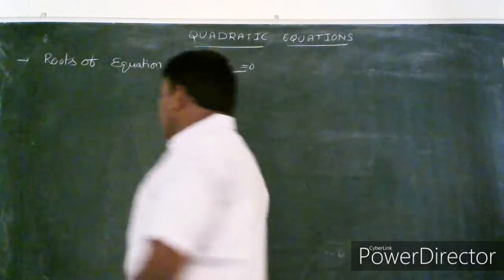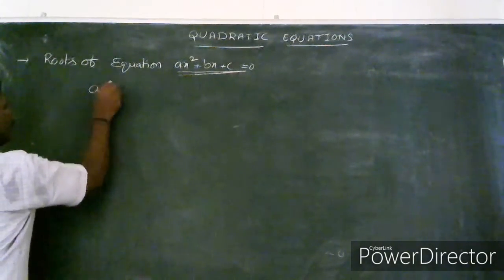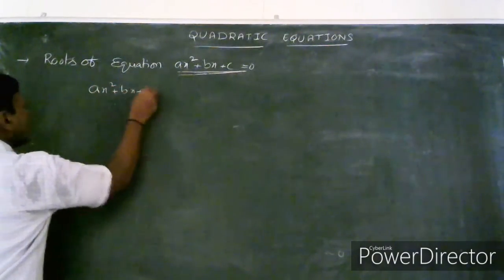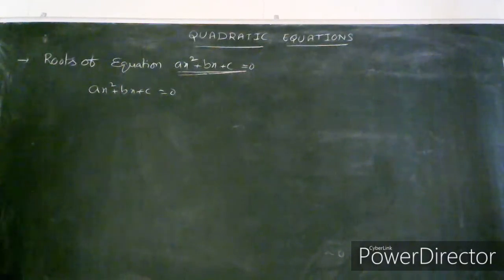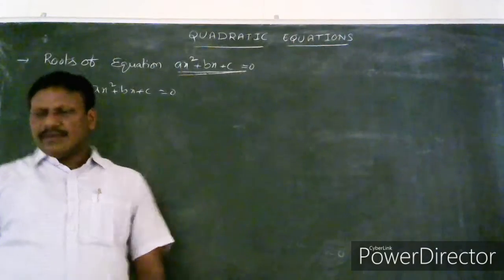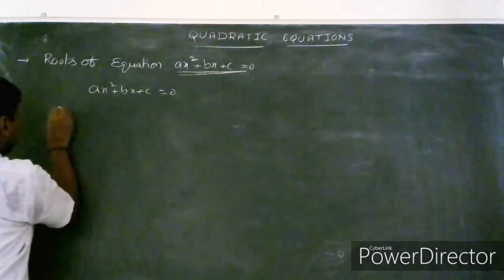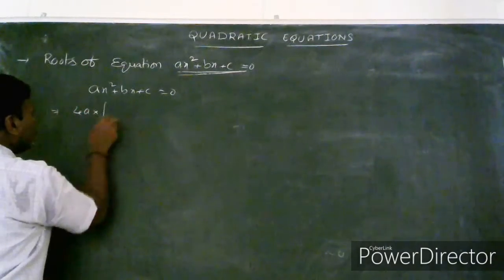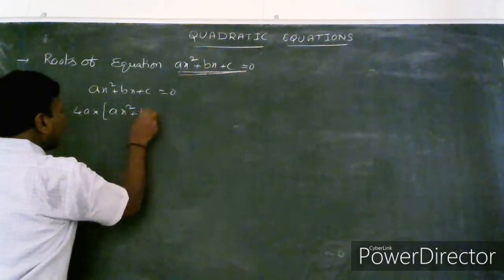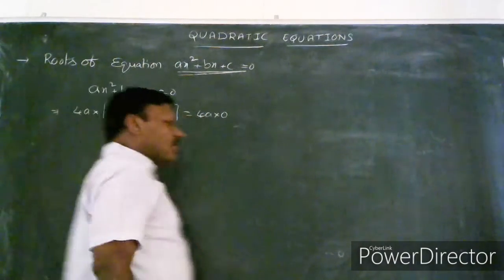So for that, first we consider ax² + bx + c = 0. This is the given equation. Next, multiply with 4a on both sides. That means 4a into (ax² + bx + c) is equal to 4a into 0.